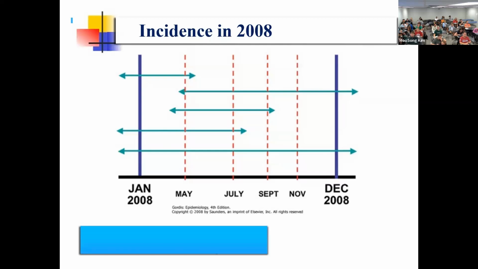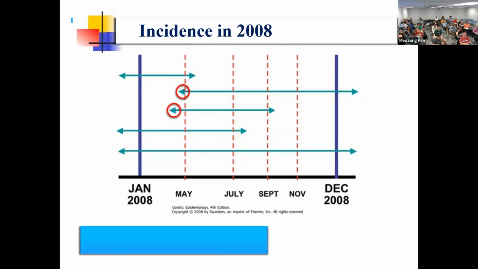Incidence in 2008, how many new cases? Two? Why two? The second and third lines indicate the new cases.